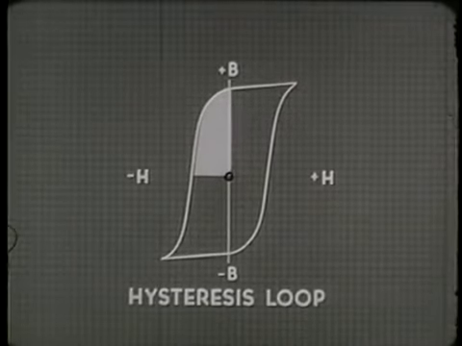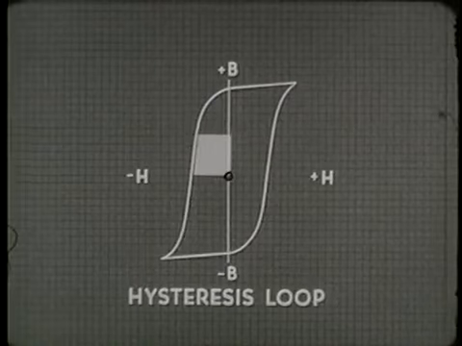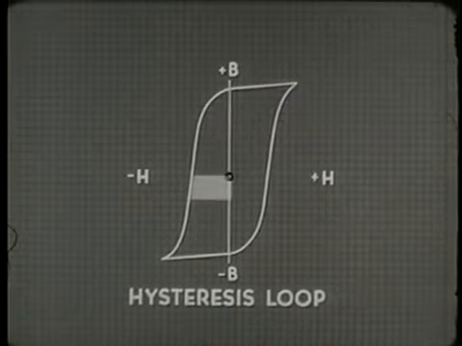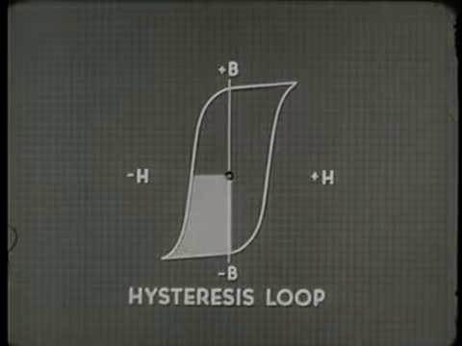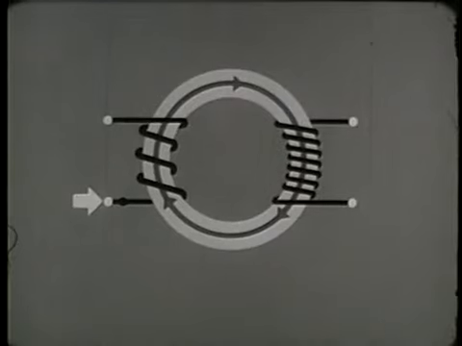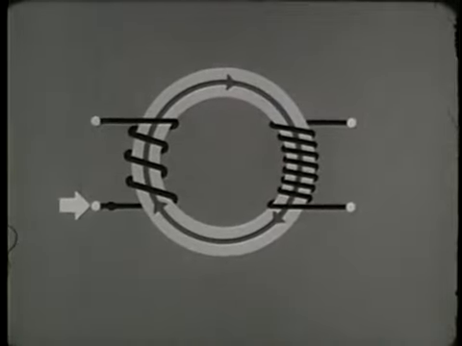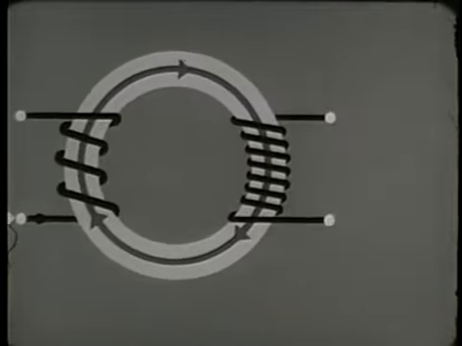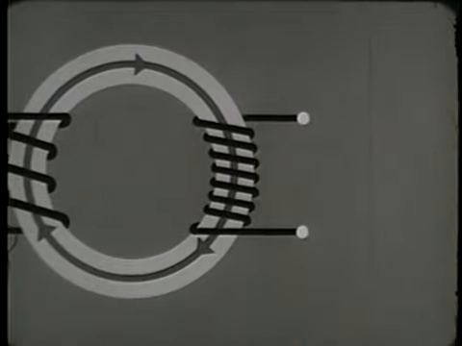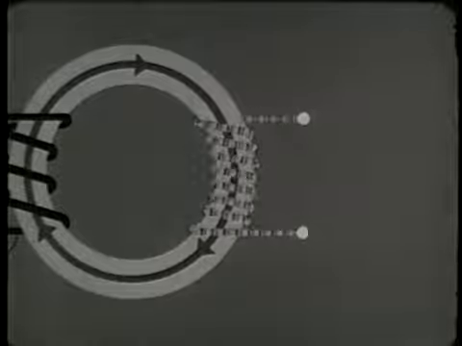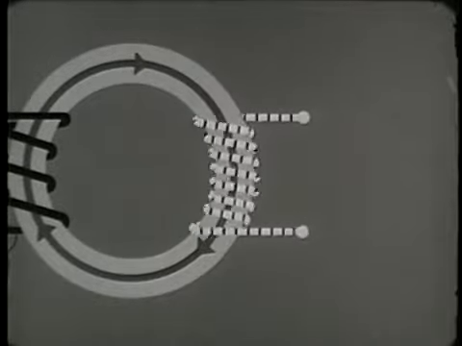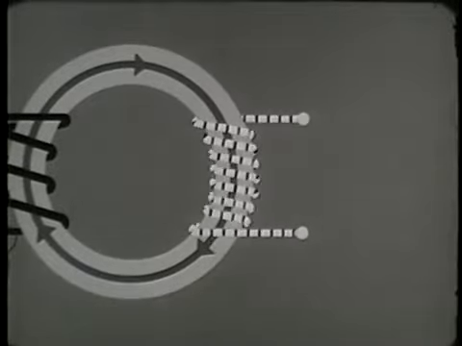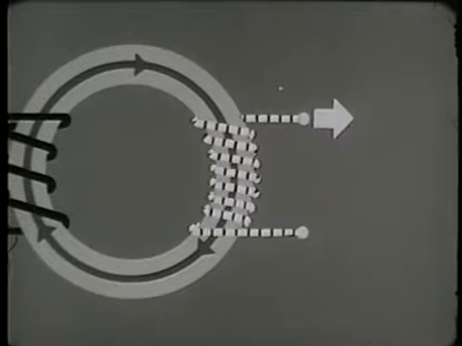If we diagrammed it, we'd see the positive residual field collapse entirely and a negative field build up to saturation. Anytime a magnetic field builds up or collapses across a conductor like this winding, the movement of the lines of force induces a voltage in the winding, and current flows. Observe the direction of current flow, out the top of the winding.